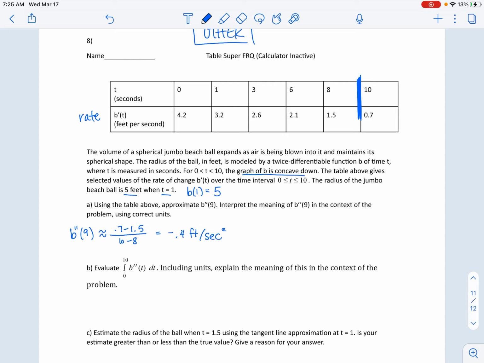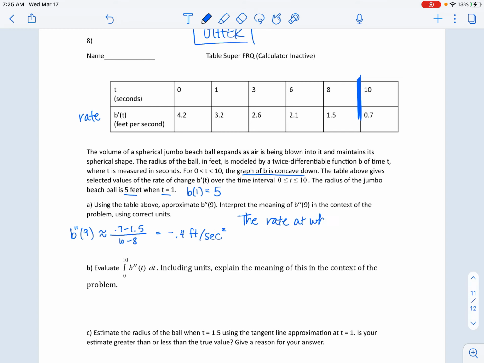And interpret this in the context of the problem. The rate at which the beach ball is being inflated is decreasing at a rate of 0.4 feet per second squared at t equals 9 seconds.